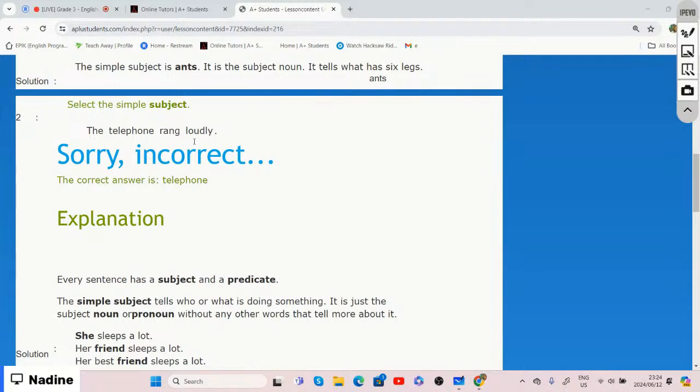We need to identify the simple subject within that sentence by saying either who is doing something or what is doing something.